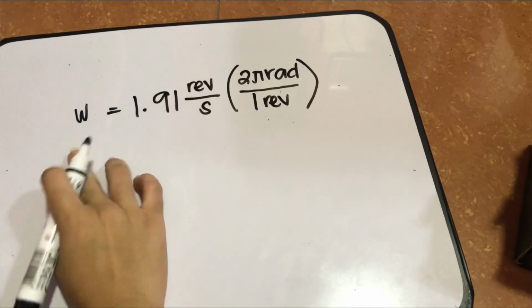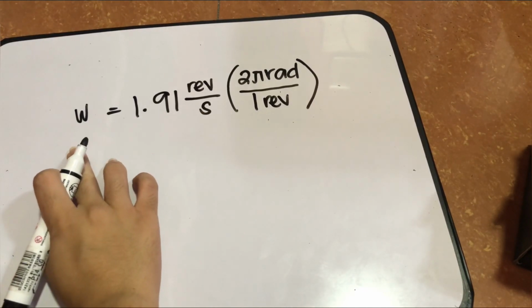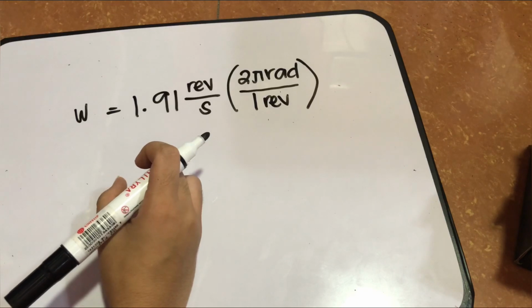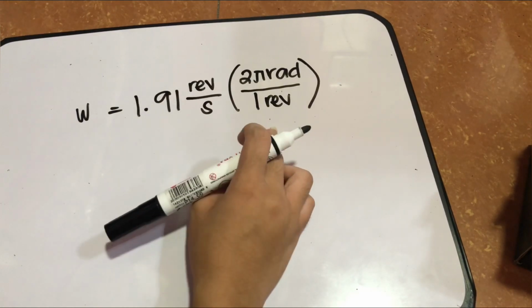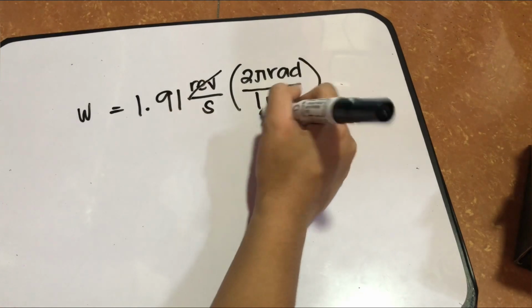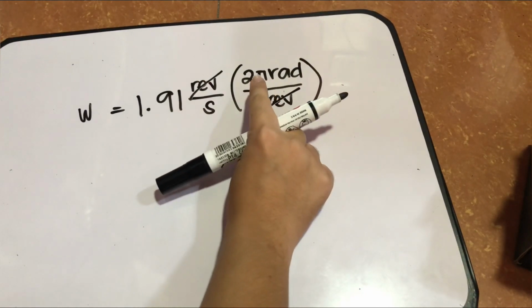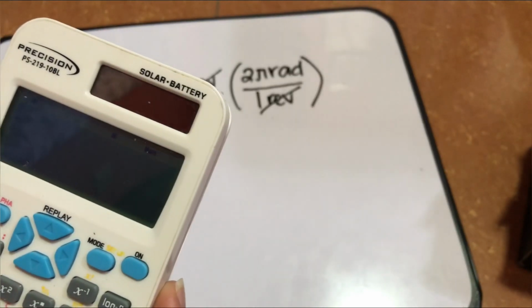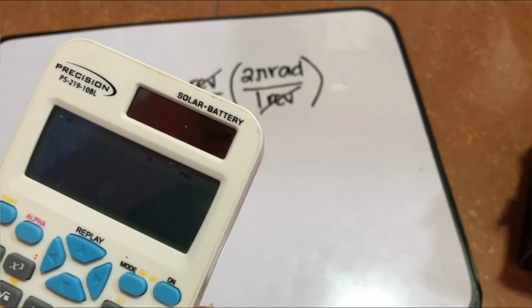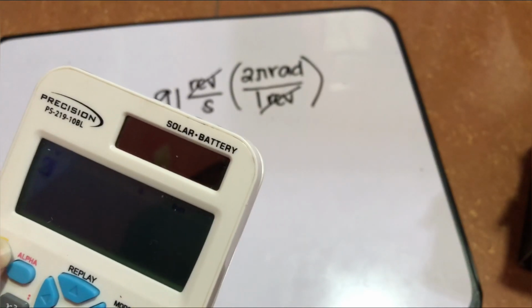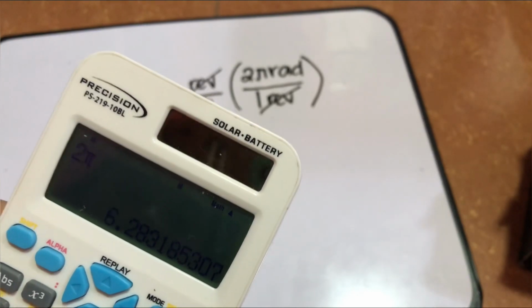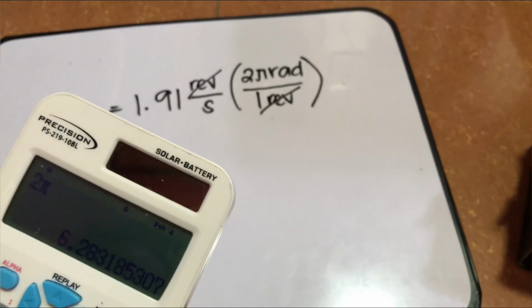This is the constant formula for converting revolutions per second to radians. Since revolution appears in both, it cancels out. Then we multiply 2 and pi. 2 pi is equals to 6.28 and so on.